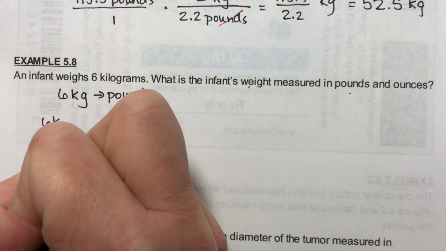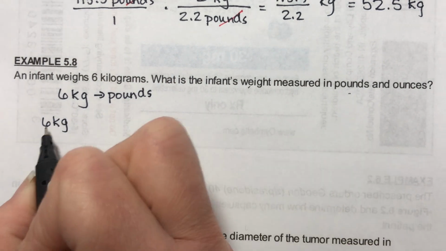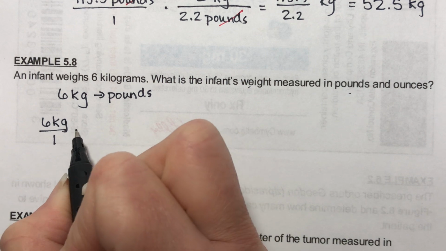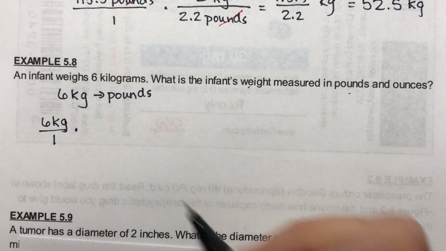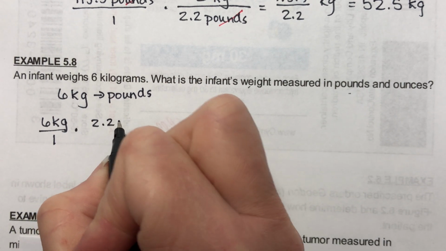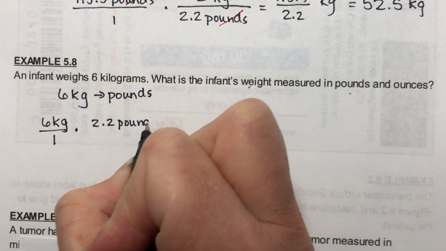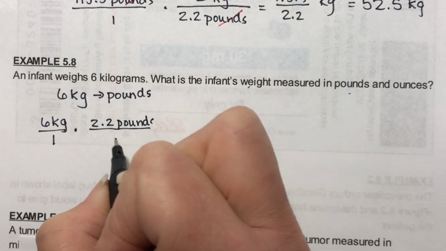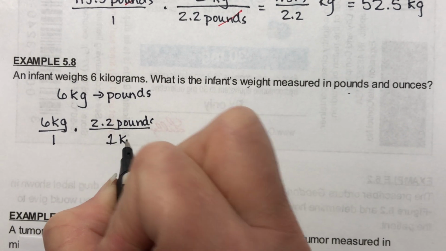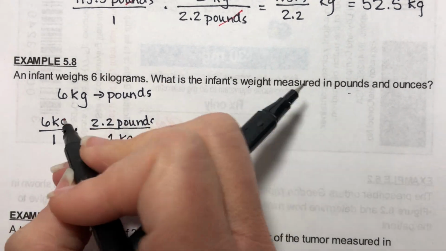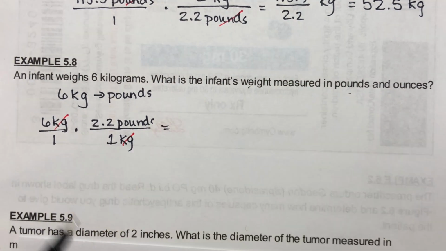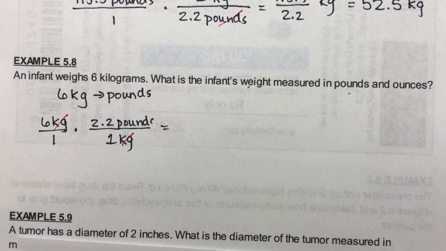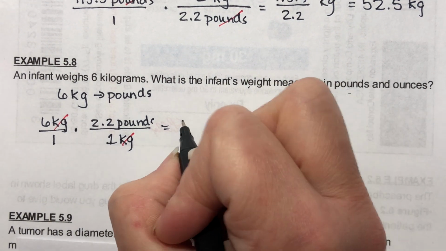So 6 kilograms over 1 is equal to, the relationship is 2.2 pounds for every 1 kilogram. Kilograms cancel. Okay, and then when I multiply 6 times 2.2, I get 13.2.